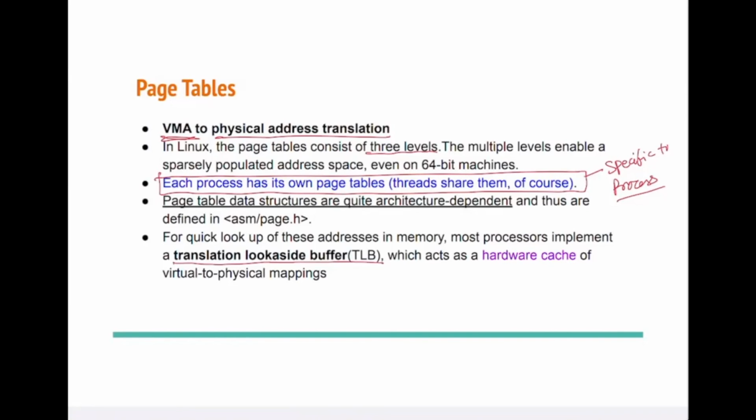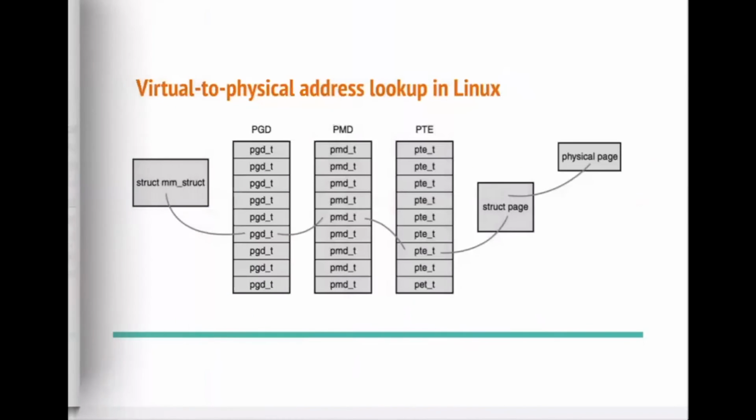So the CPU can directly look into this buffer. If the address is already available, it can directly access the RAM. If it is not, then we have to go through the translation from VMA to physical address and then update the translation lookaside buffer, so that next time, if in the near future we are accessing the same address, we don't have to go through the process.